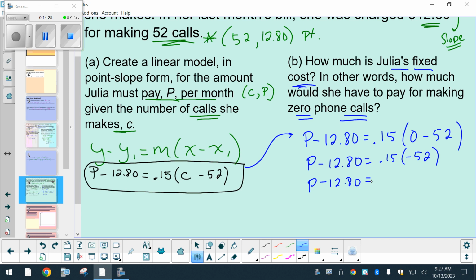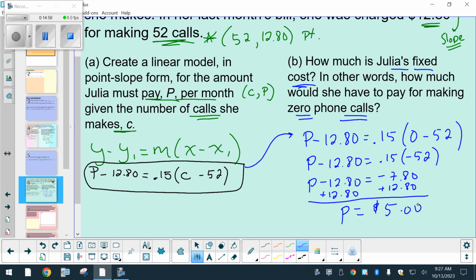That's going to give you, it's like a negative, what, 780? And then when you add this over, you're going to get that you're going to pay how much? 5.